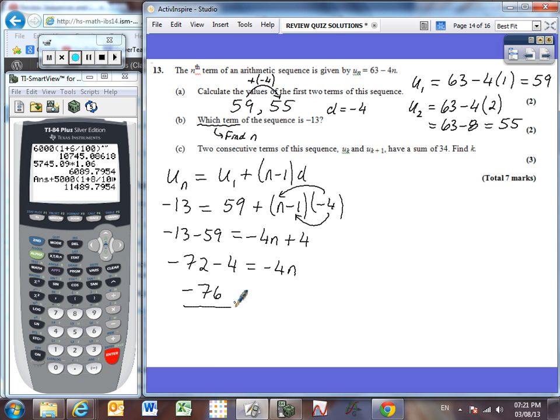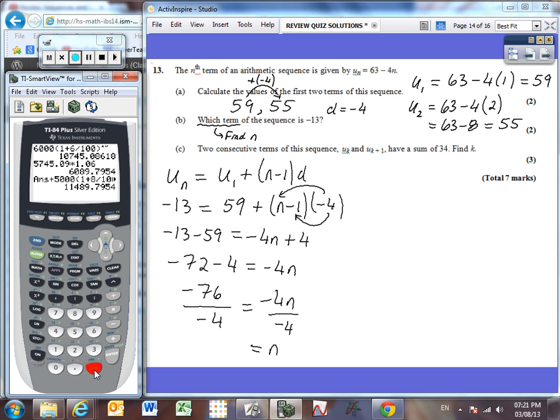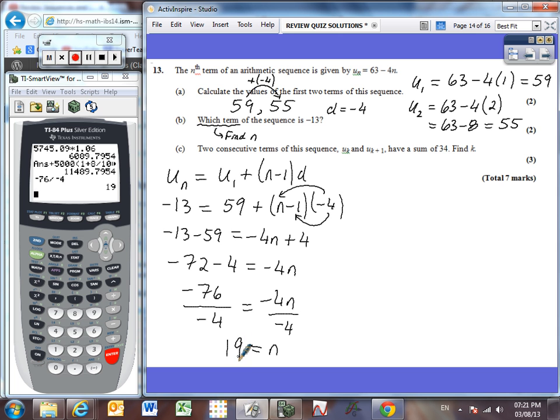Let's divide both sides of the equation by negative 4. And that gets n alone, and negative 76 divided by negative 4 gives us an answer of 19. That means then that it will be the 19th term, which is equal to negative 13.